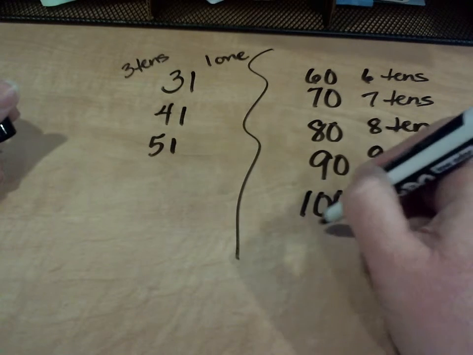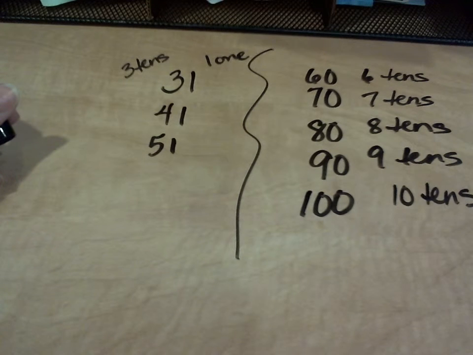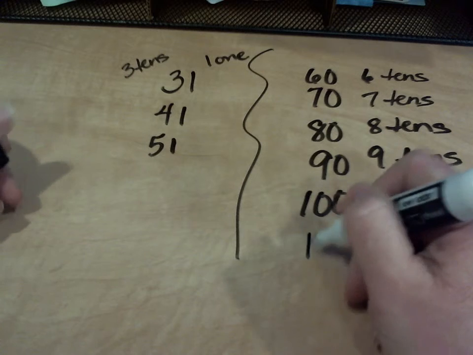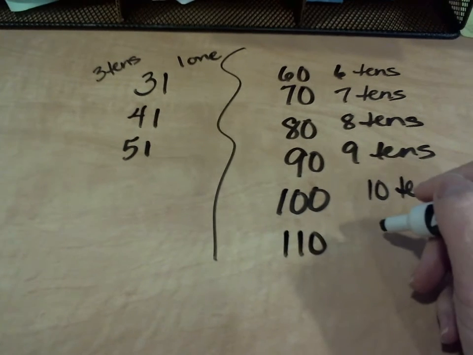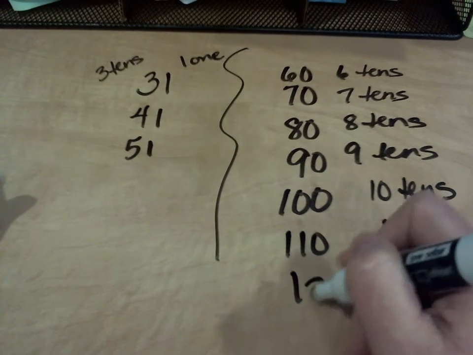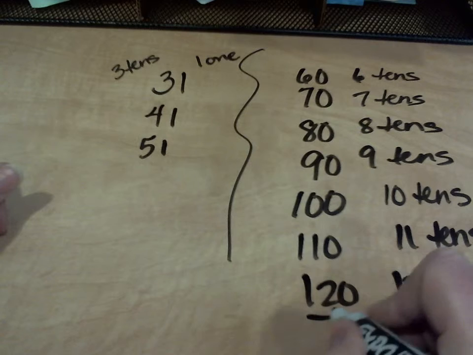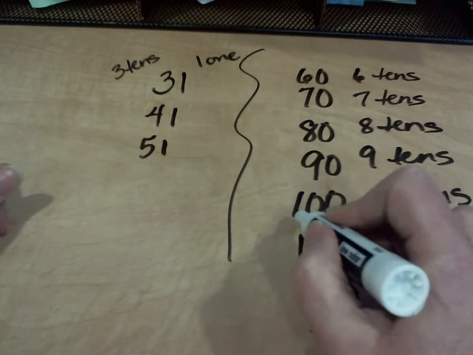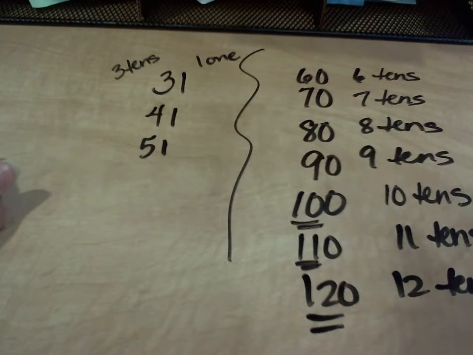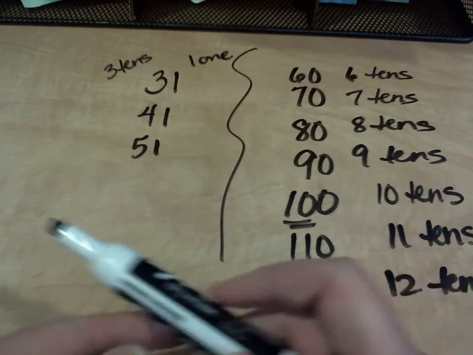This, we call it 100, but what is it? It is 10 10s, right? And then we get to 110. Well, what is that? That's 11 10s. When we get to 120, what is that? That is 12 10s. Are you helping kids see this place value? I have 10 10s. I have 11 10s. I have 12 10s. Okay?